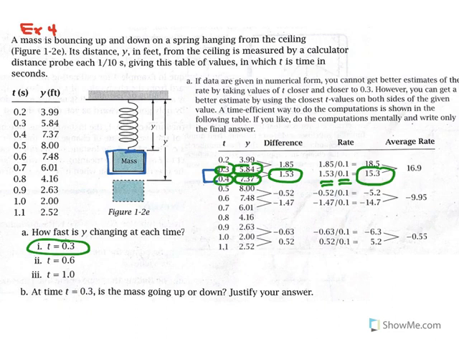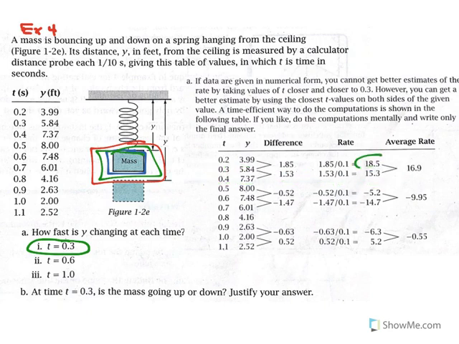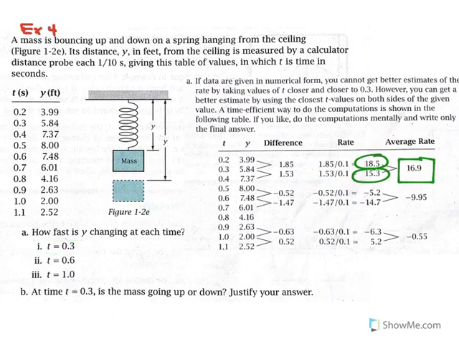So that's the average rate of change of the mass's distance from the ceiling on the time interval from 0.3 to 0.4 seconds. So when we take the average of these two average rates of change, this would give us an approximation for the instantaneous rate of change of the mass's distance from the ceiling at time equal to 0.3 seconds.